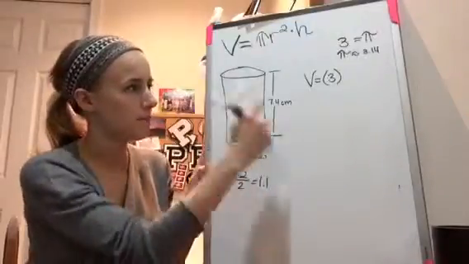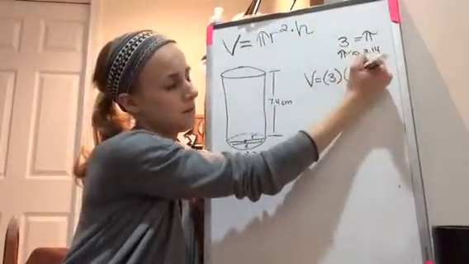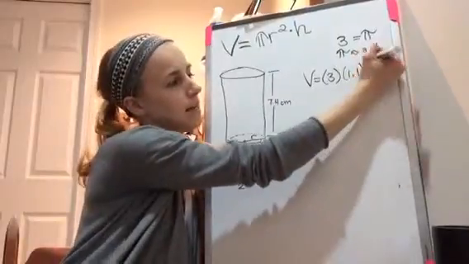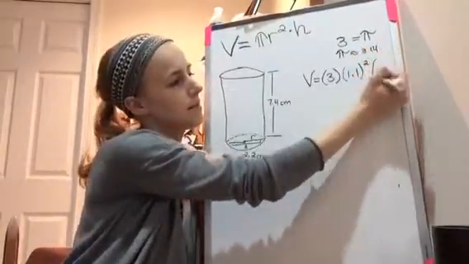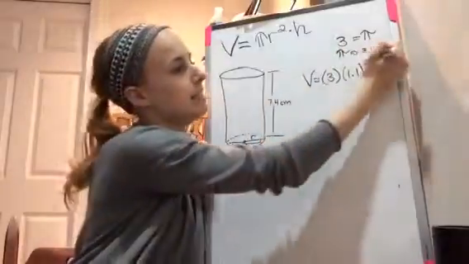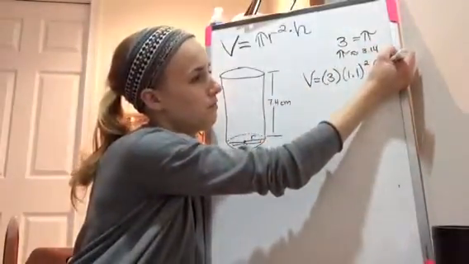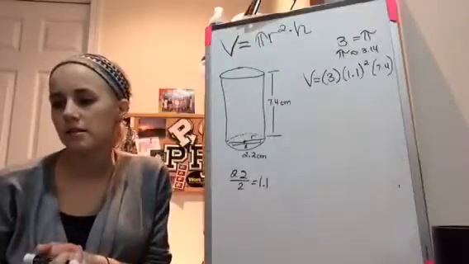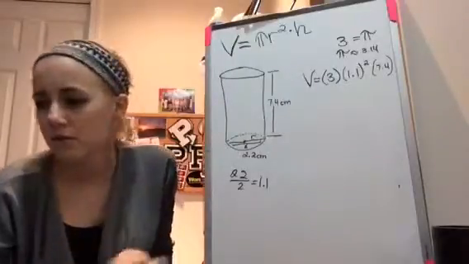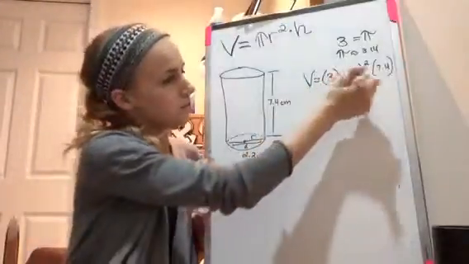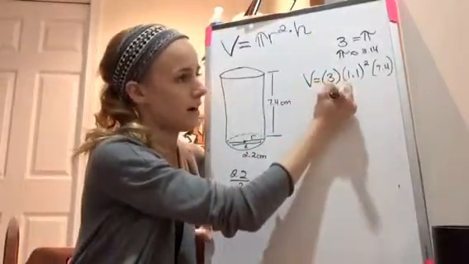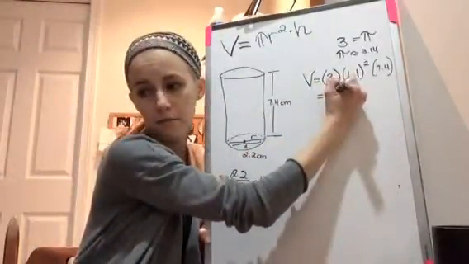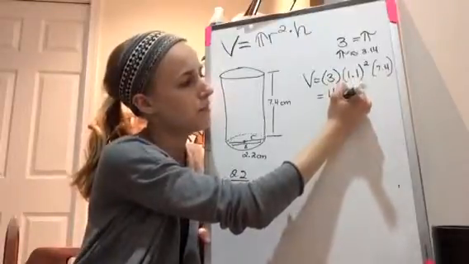All right, so we come back up here and we're going to plug in then our radius, which is 1.1. It's squared, and then times our height, which is easy, 7.4. All right, so I plug that into my calculator. If I do the first part first, which is our area of the base, I'm going to end up with about 4, okay?